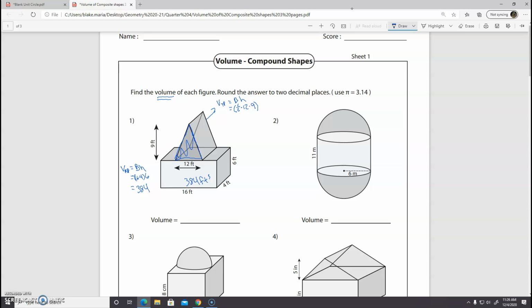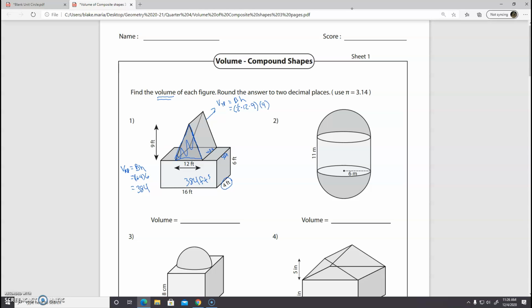Now height is the height of your prism. So it's the distance between your bases, from the front triangle to the back triangle. Now notice I don't see anything here. All right, well we've got to look further. Notice it's the width of that prism here. So we're going to keep looking. There it is, right? So this is 4 feet. So sometimes you have to find the missing pieces, but they're there.